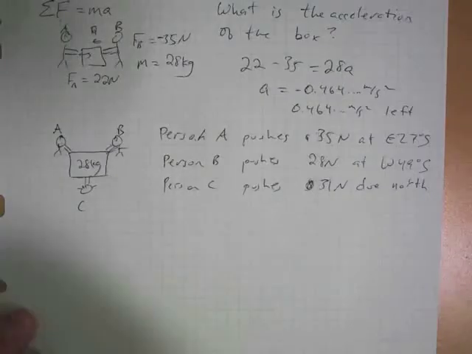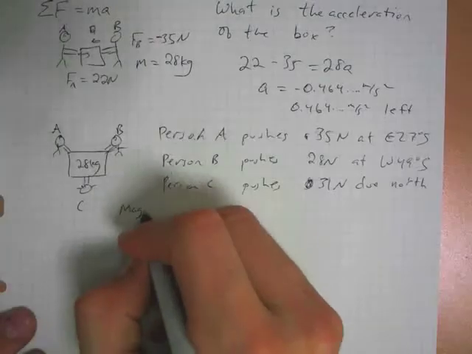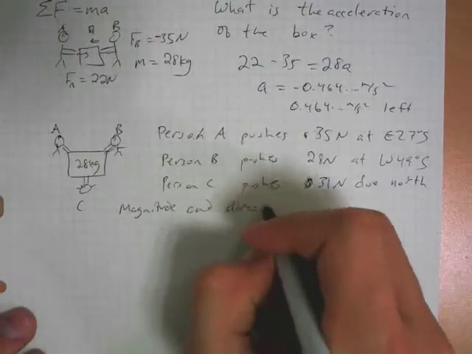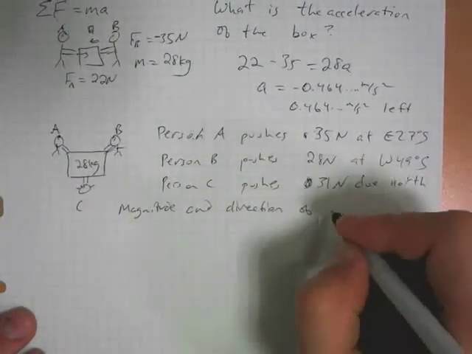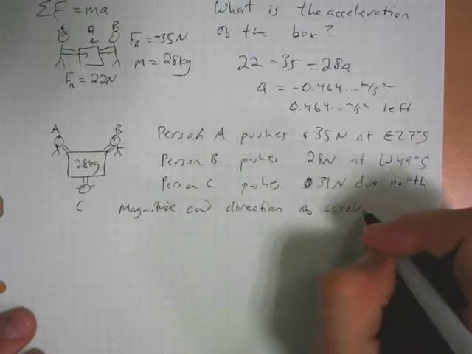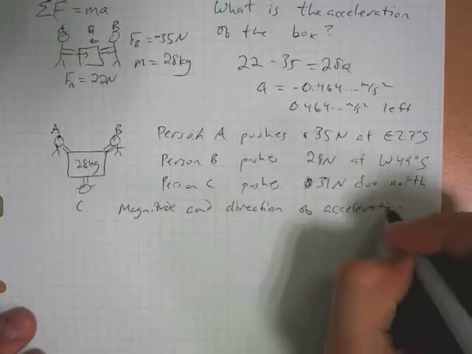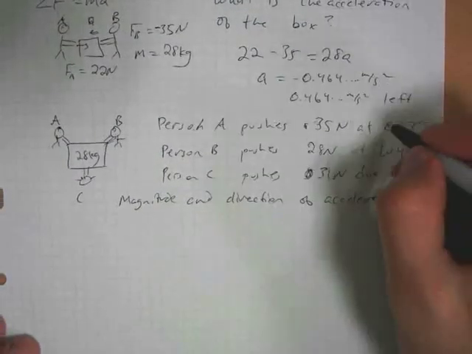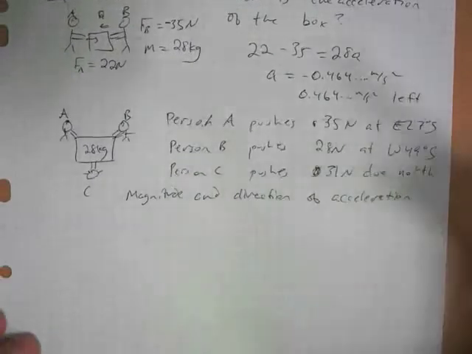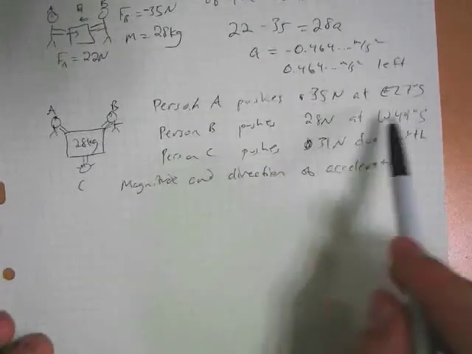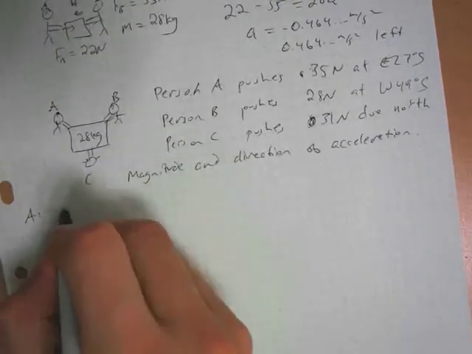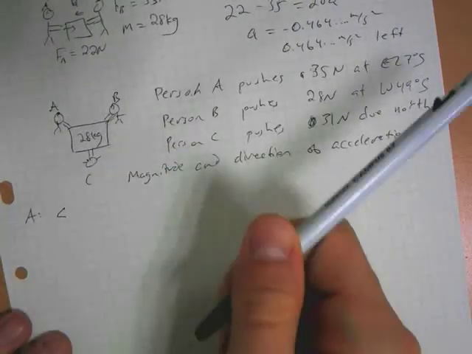And I want to know the magnitude and direction of the acceleration of the box. Well, in this case, we need to do vector addition of all of these forces to find the net force. So person A pushes at 35 newtons at east by 27 degrees south.